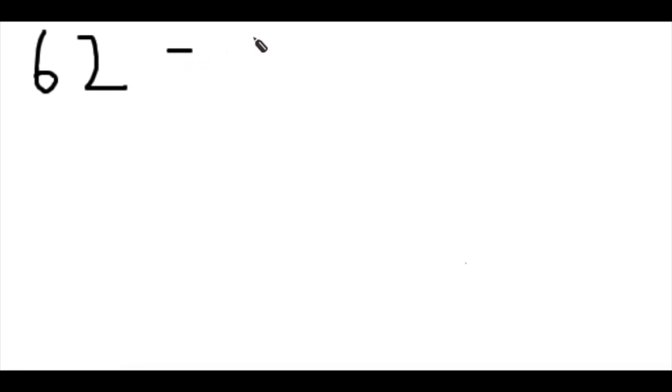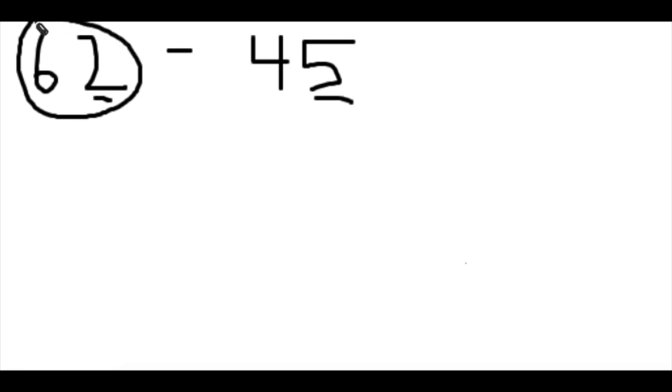Now, problem number 4 says 62 minus 45. So if I look at my ones place and I'm like, oh no, I can't take away 5 from 2, I can break this up into a 12 and a 50, right? Because I know that 50 plus 12 equals 62. So I can do this.